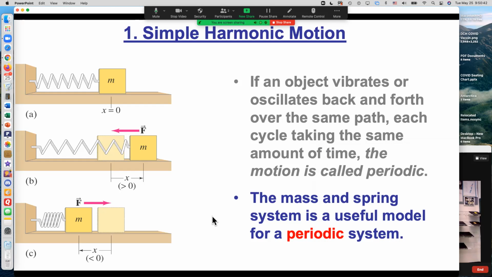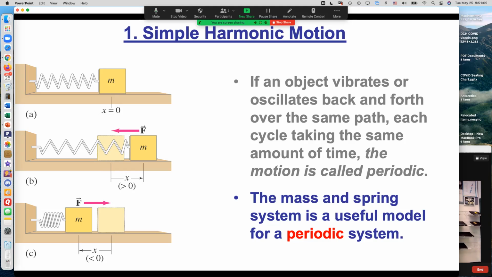Now let's get back to this. So this mass and spring system is a useful model for a periodic system. Periodic means an object oscillating back and forth over the same path, each cycle taking the same amount of time.